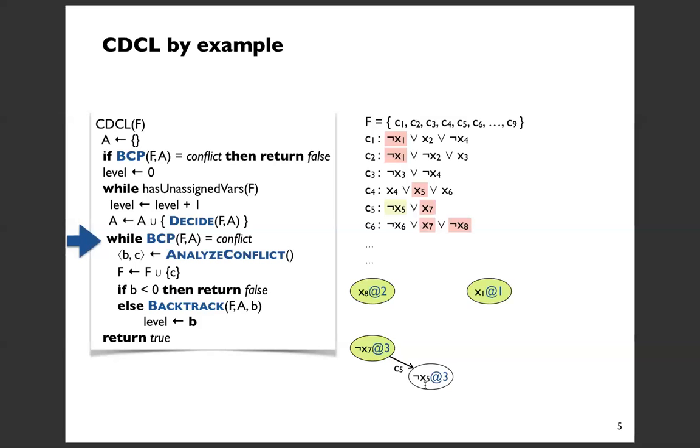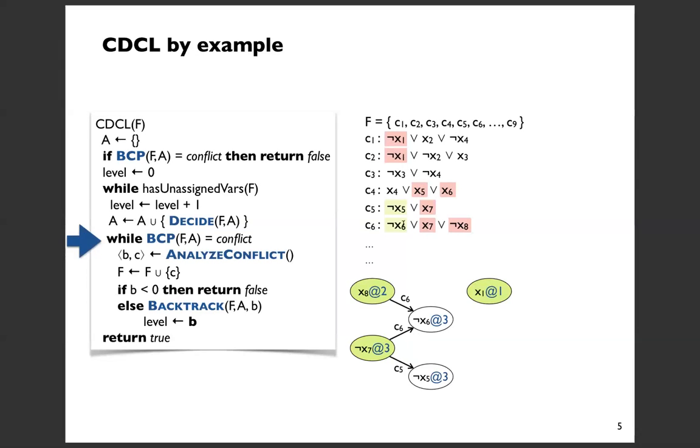So everything that you make explicitly by decide is called decision literals, and the ones that are derived by BCP are called implied or inferred decisions, because they are inferred as a consequence of the decisions that you explicitly make.